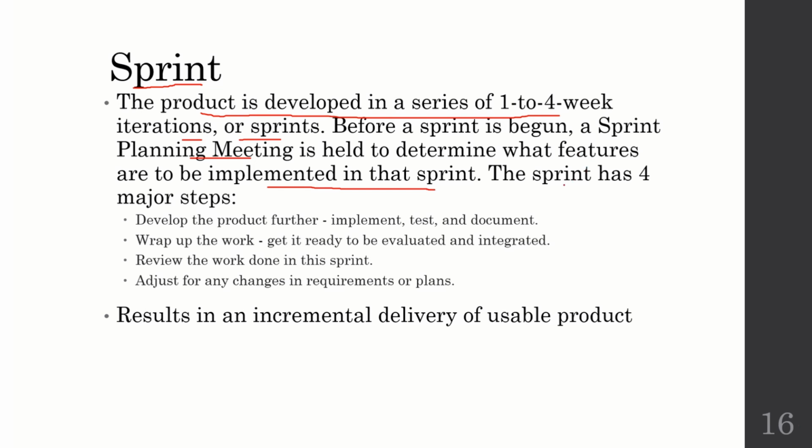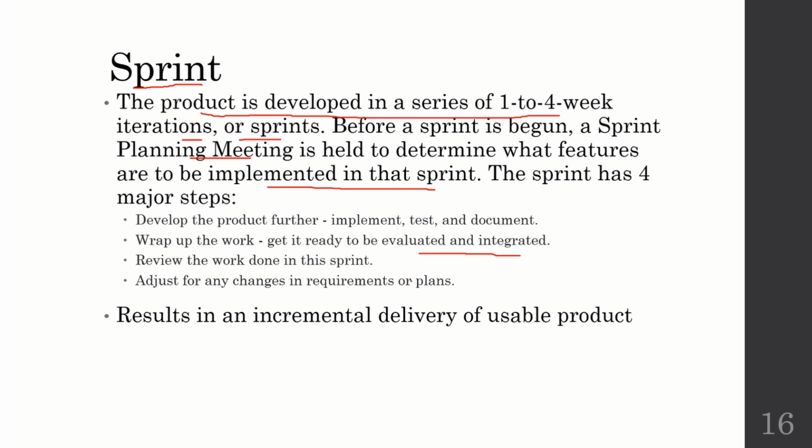So the sprint has 4 major steps. First, develop the product further: implement, test and document. Secondly, we wrap up the work and get it ready to be evaluated and integrated, because the different sprints at the end will combine to make the final product.